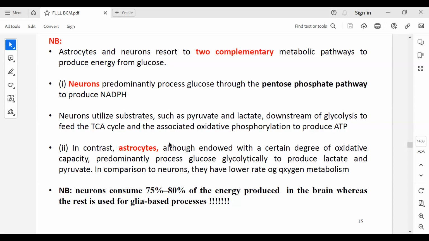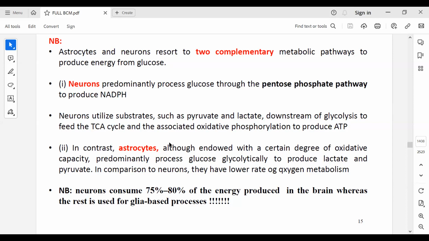So neurons will predominantly process glucose through the pentose phosphate pathway to produce NADPH. Neurons will utilize substrates such as pyruvate and lactate, downstream of glycolysis, to feed the TCA cycle because they want to do more oxidative metabolism.